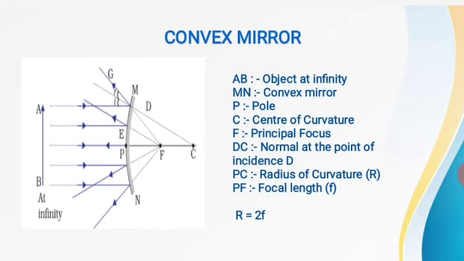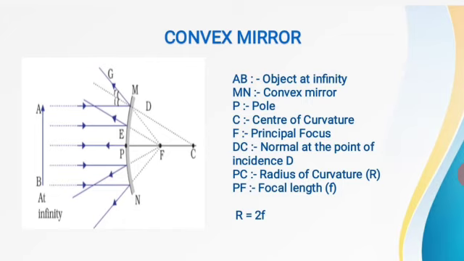How about the ray that is coming exactly along the straight line? Point P on the mirror is called the pole of the mirror. This line PC, which is extended, is called the principal axis. The light ray which is coming along the principal axis falls on the mirror at point P. Note that here the angle of incidence is 0 because the light ray is coming along the normal.